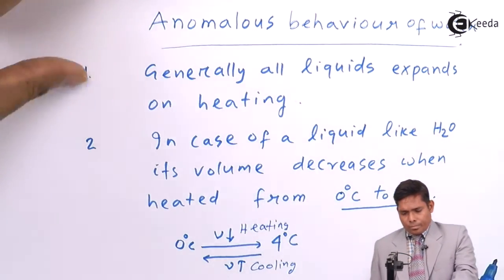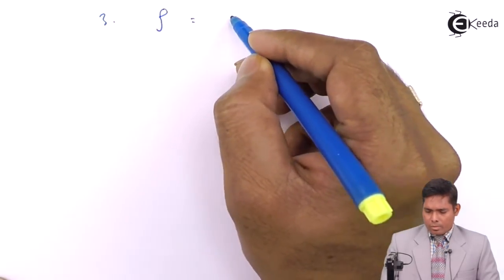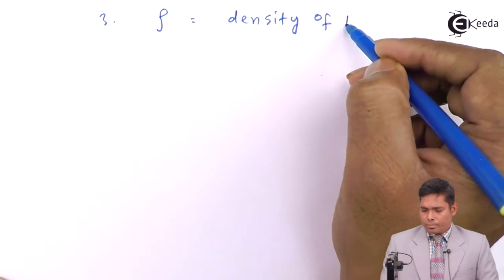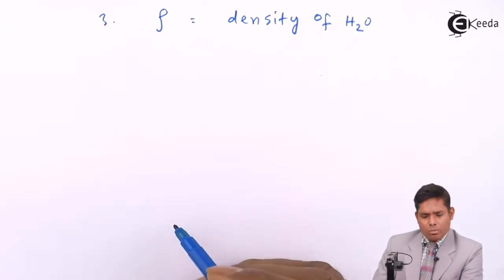Now, if I talk about the density of water, the density formula is mass upon volume.